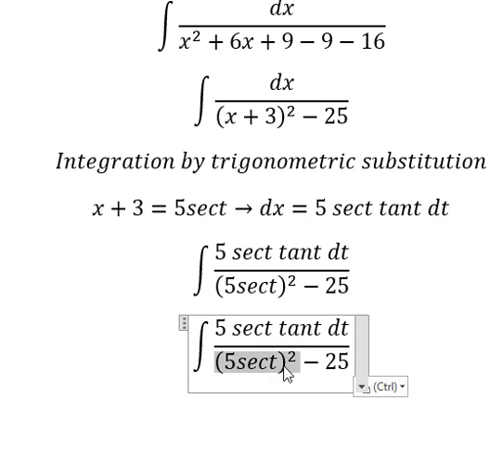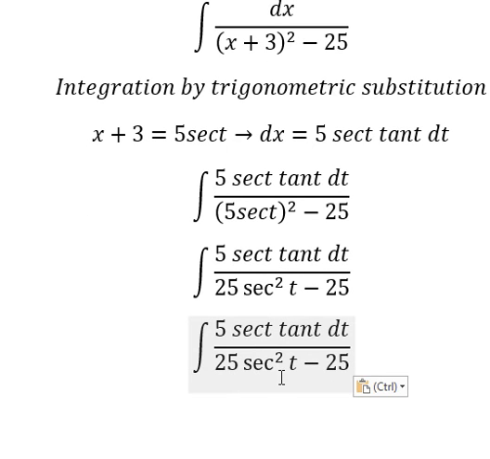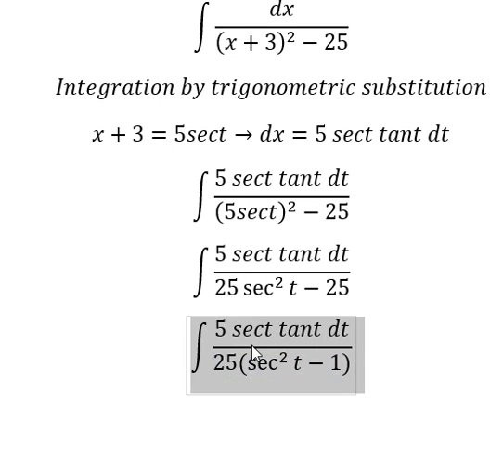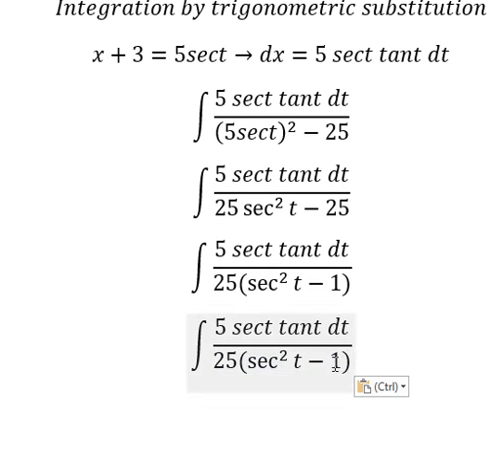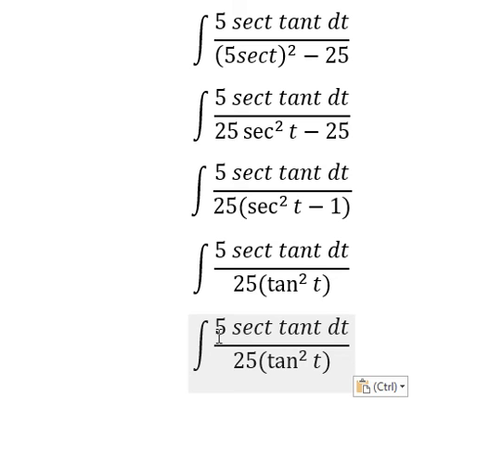So we have 25 secant of t square, 25, we can do factorization. This one is tan t square. And now we need to simplify number 5 tan t.